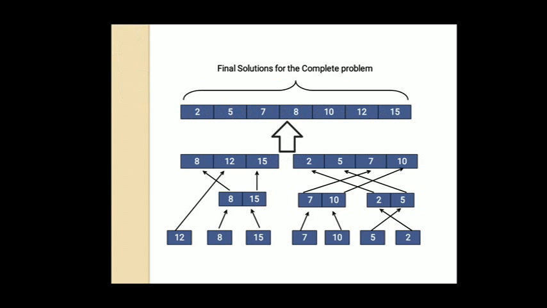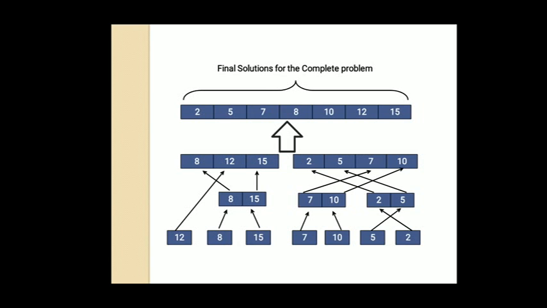Suppose we start from the individual elements as level 0, the next stage as level 1, the next stage as level 2, and level 3 as your final solution. Initially, 8 and 15 are in their own positions. Once we move from level 0 to level 1, we perform the sorting technique.